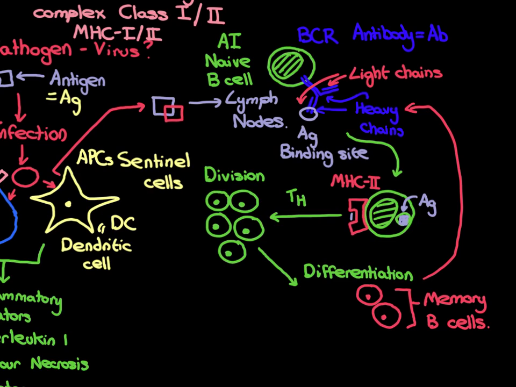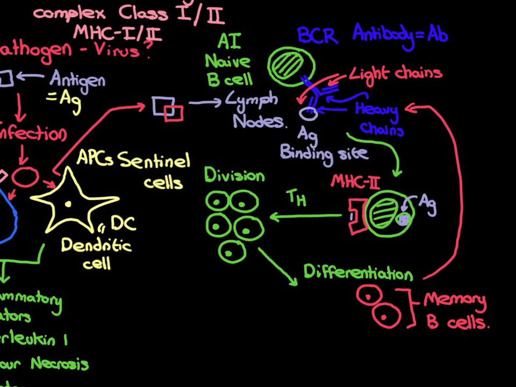We might have lost a very good clone of B cells that we might need again. I mean, we might get infected by this pathogen again, and therefore it would be very handy to have this clone again to use. So we have to replace the naive B cells. We have to create some more B cells that can be activated if we ever need them again, i.e.